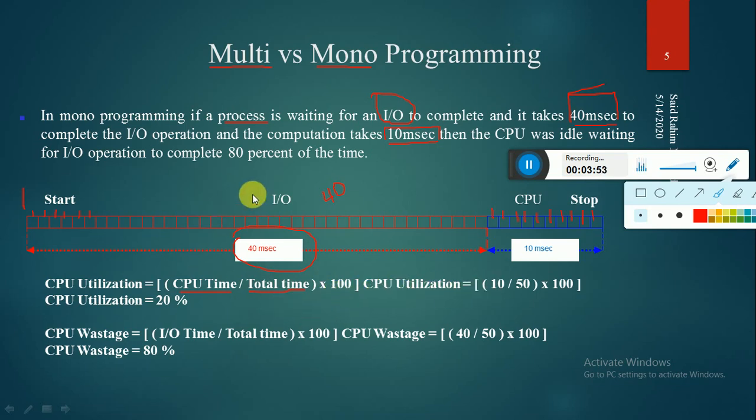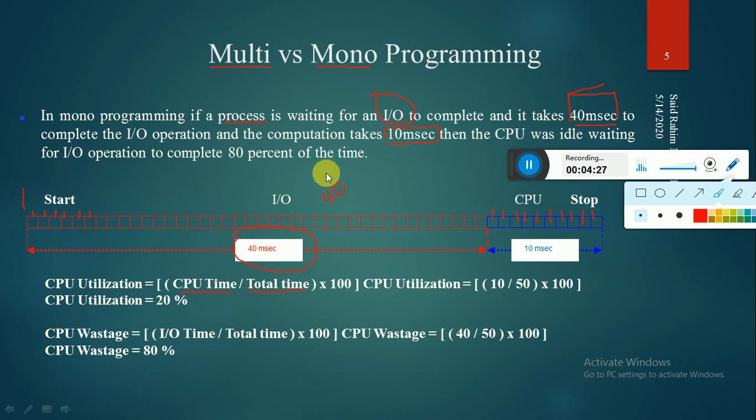So total time is actually the sum of IO time and CPU time. So 40 milliseconds are required for input output device and 10 milliseconds are required for CPU. So the total time becomes 50 milliseconds, and the CPU time is 10 milliseconds. You see here 10 milliseconds. So 10 divided by 50 comes 0.2, and then multiply by 100%. So 20% time of CPU is utilized.